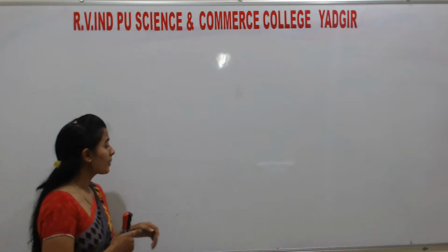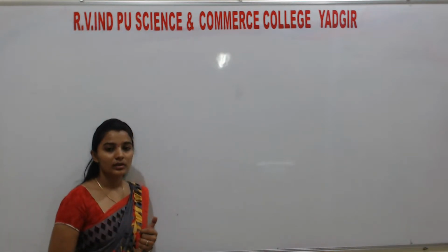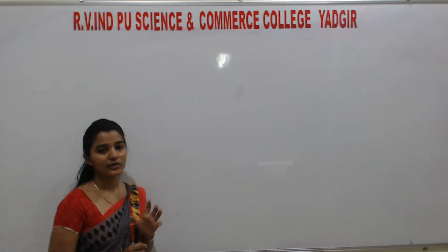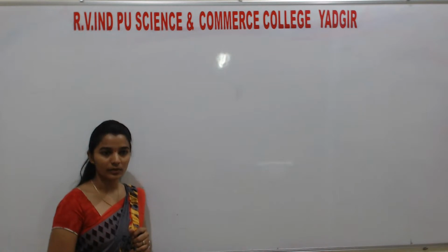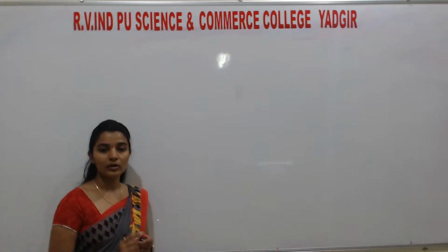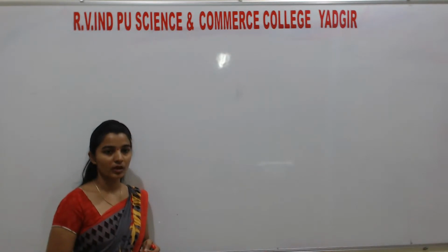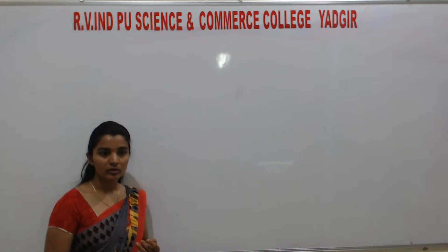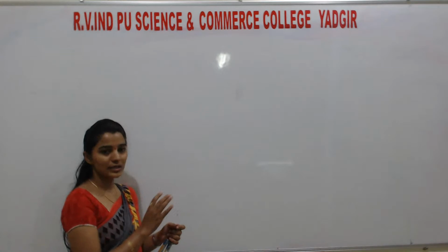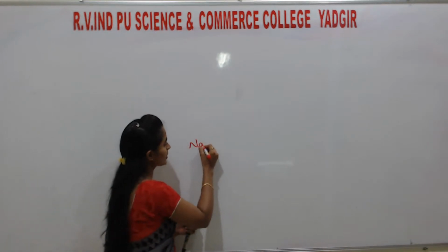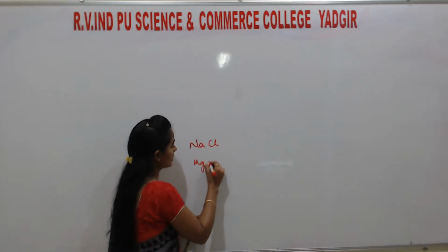Today I'm going to take one very important lesson for you, that is classification of elements in the periodic table, because without knowing the periodic table, you can't answer anything. If you want to know hybridization, structure, reaction, oxidation state, everything, you need it. NaCl is combined, and MgCl2 is there.